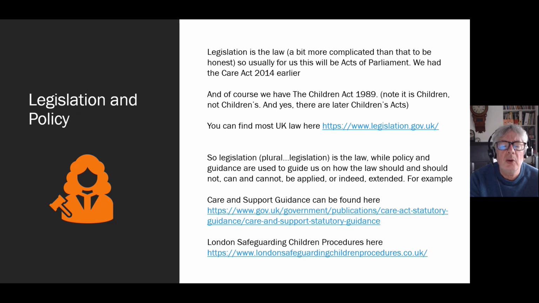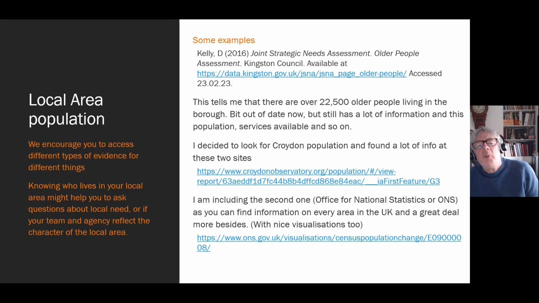Anything you wanted in terms of practice, you could find there. So the law is up here, and the policy or guidance is about how we actualize the law, what we actually do in practice on a day-to-day basis. We need to get our heads around both of those things.